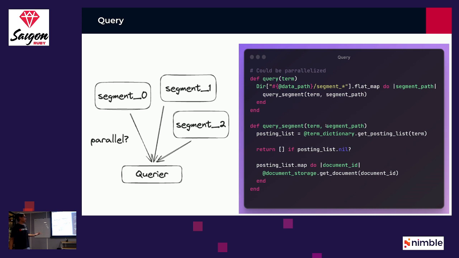With each one of them, you just perform the intended routine. You get the posting list from the term dictionary, and then you map through it and fetch it from the document storage.